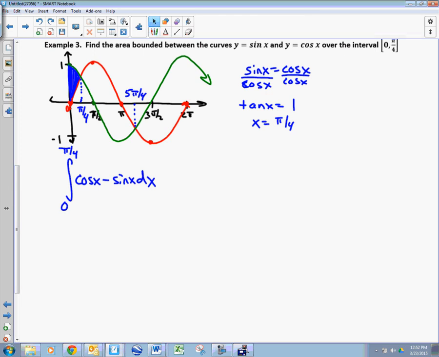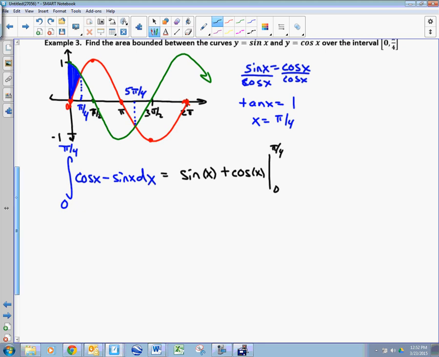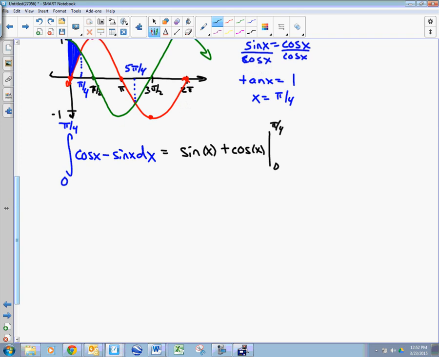Antiderivative of cosine, positive sine. Antiderivative of negative sine, positive cosine. Evaluated. In this case, the 0 doesn't just go away because cosine of 0 is 1.